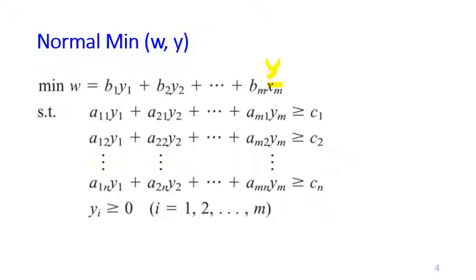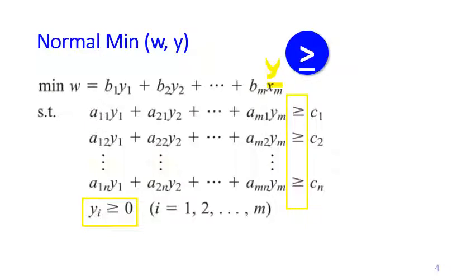Anyway, for a problem to be called normal minimization, all constraints must have the sign of greater than or equal to, and all variables must have the sign restrictions of greater than or equal to 0. Notice here that the variables must have the sign restrictions of greater than or equal to 0. If these two requirements are satisfied, then we call this minimization problem a normal minimization.